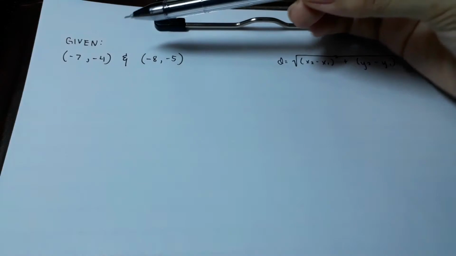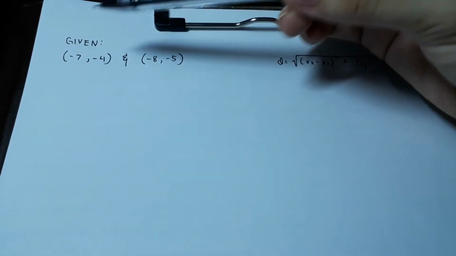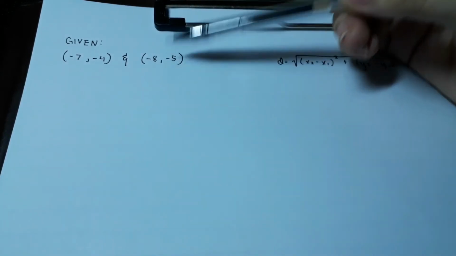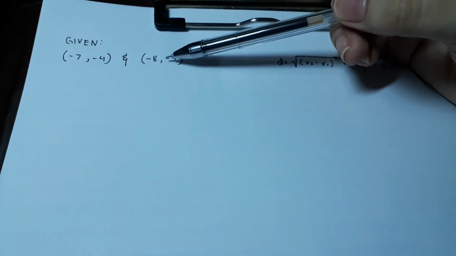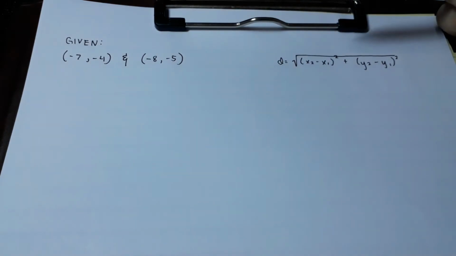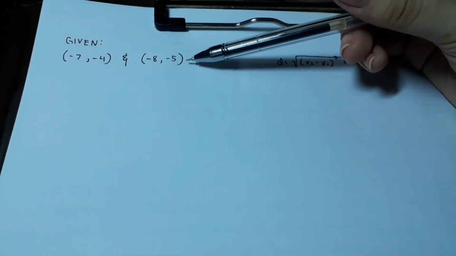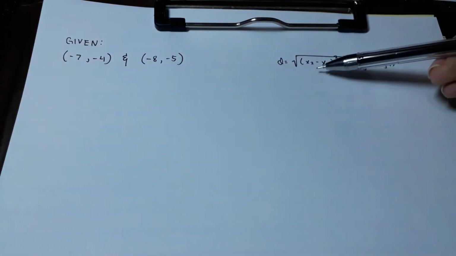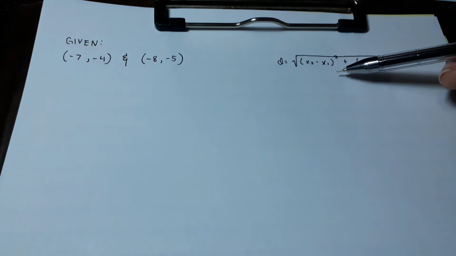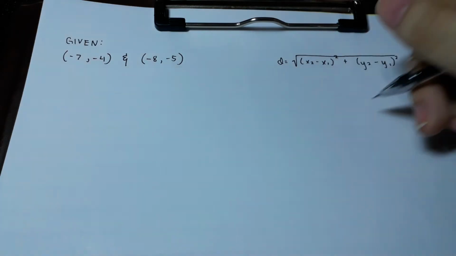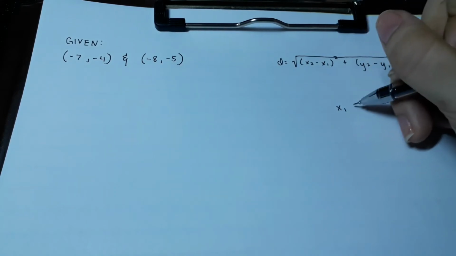And we have our given points, (-7, -4) and (-8, -5). Before we proceed in solving this given problem, we must know the equivalent of the x subscripts and the y subscripts. So let us start with x sub 1.